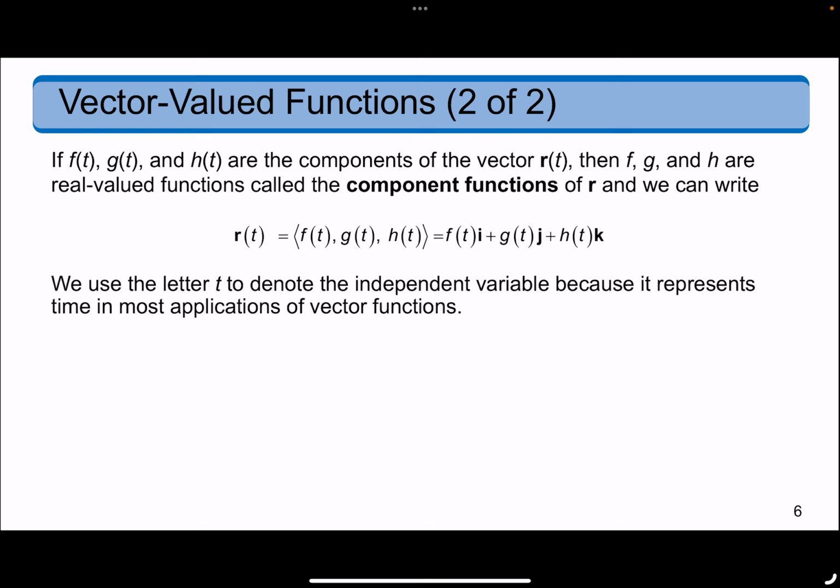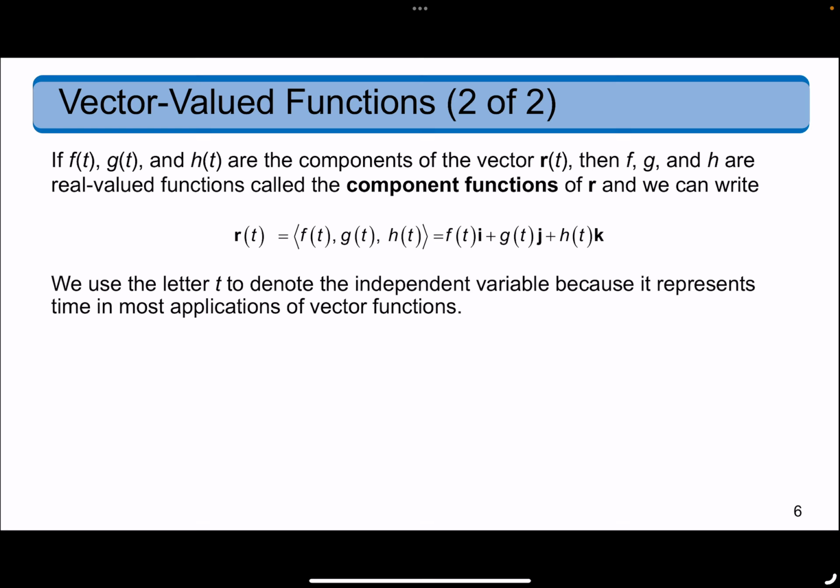If f of t, g of t, and h of t are components of the vector r of t, then f, g, and h are real valued functions called the component functions of R. And we can write it in terms of components: r of t is equal to x equal to f of t, the second component y equal to g of t, and the third component z equal to h of t.